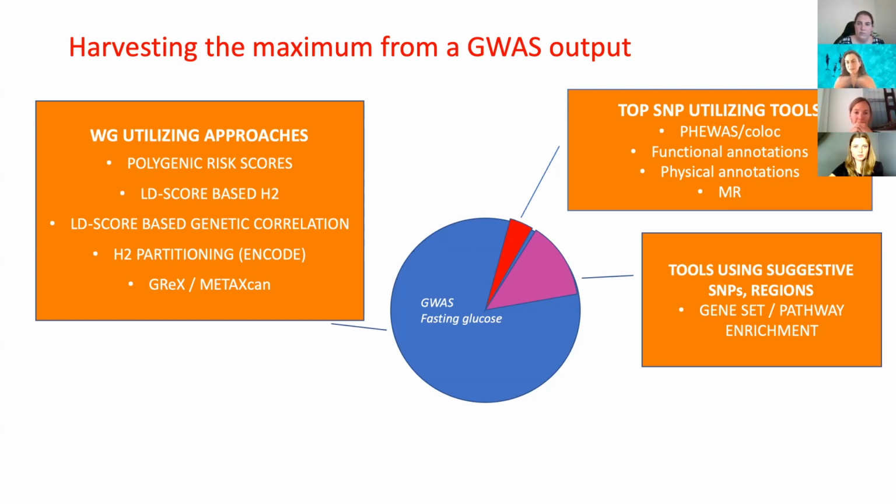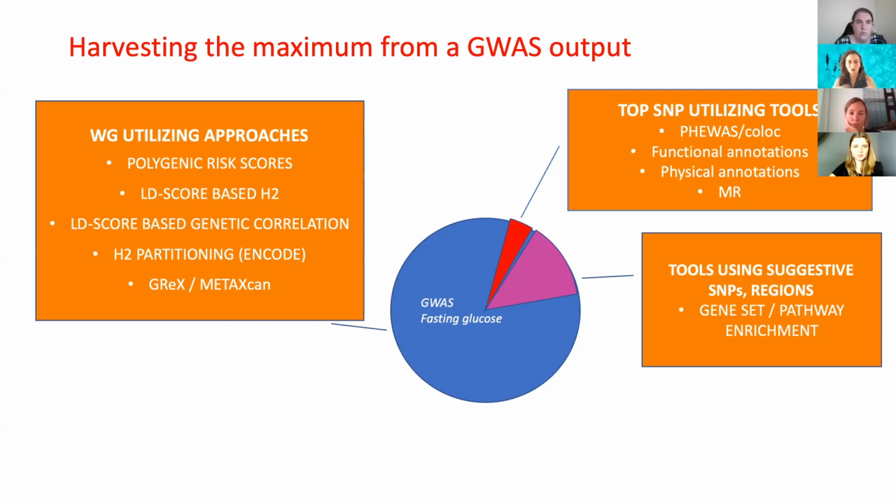But basically, there are some tools that can utilize this information and help you to link these top SNPs to other phenotypes. For example, what are those? I will go over them. It can be PheWAS, functional annotations, physical annotations, and Mendelian randomization. Or there are tools also using suggestive SNP regions. These can be gene set analysis, pathway, and enrichment analysis.